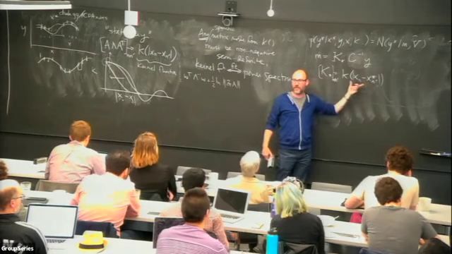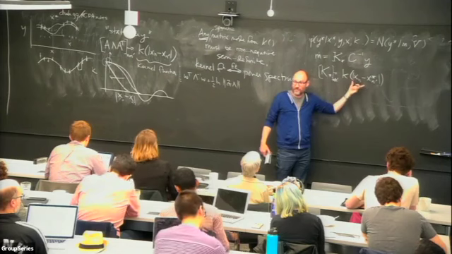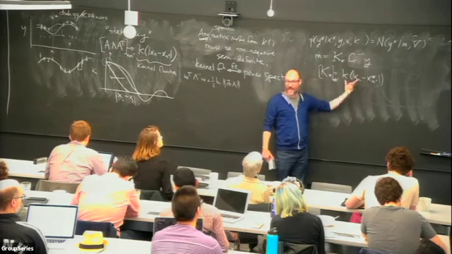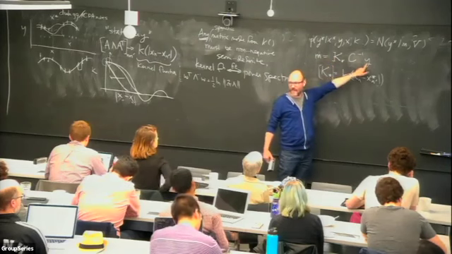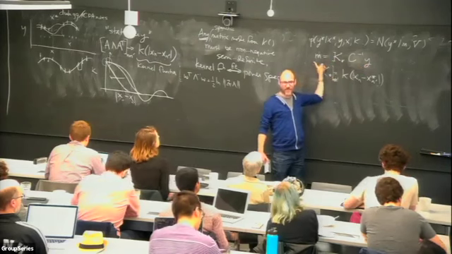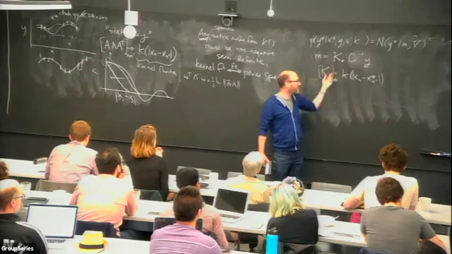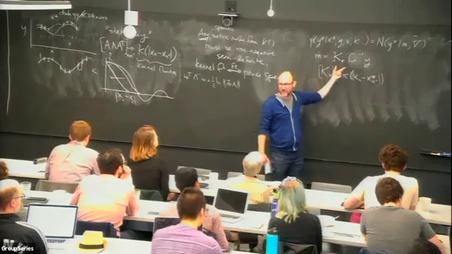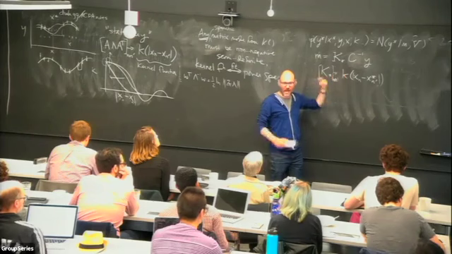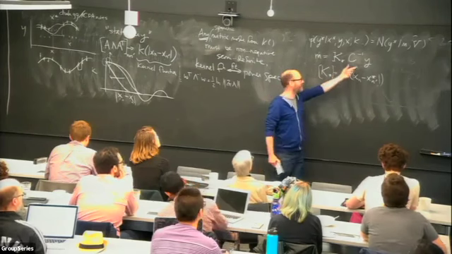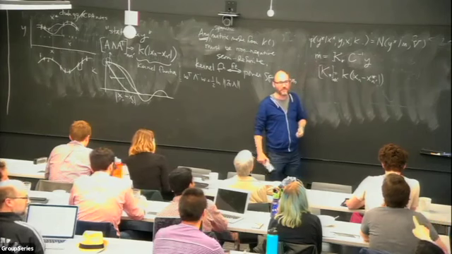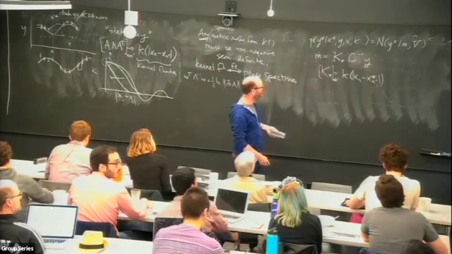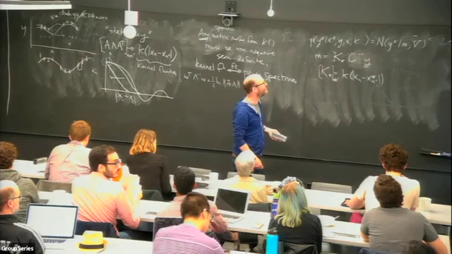I need to know the covariance between them. And this has to be rectangular because we're going from data that we've taken to new data that we want to predict, and they won't be the same dimension in general.